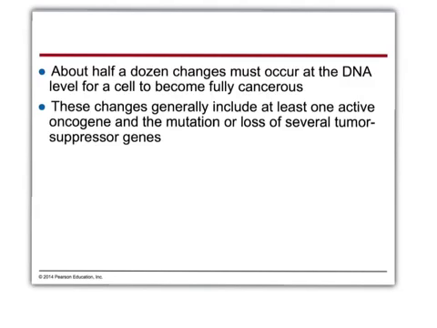But when you remove the ability of a cell to recognize and repair DNA damage, the chances of that happening increase over time. These changes usually have one active oncogene and the mutation or loss of several tumor suppressor genes.